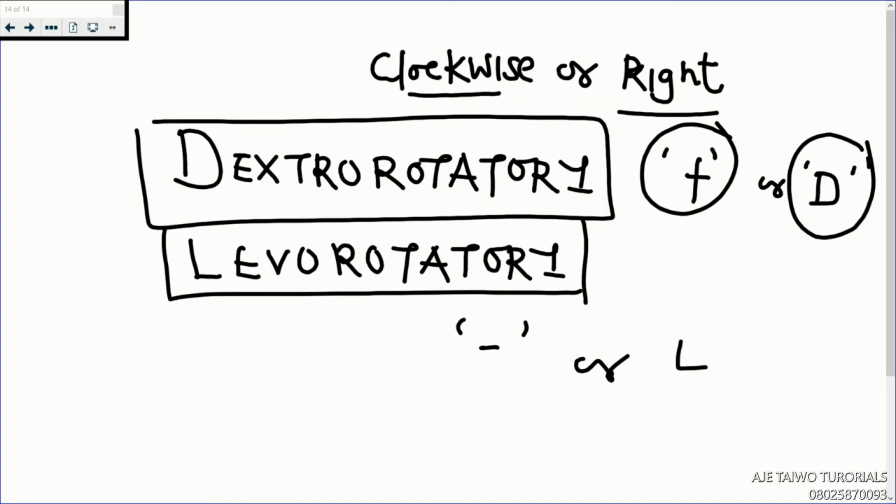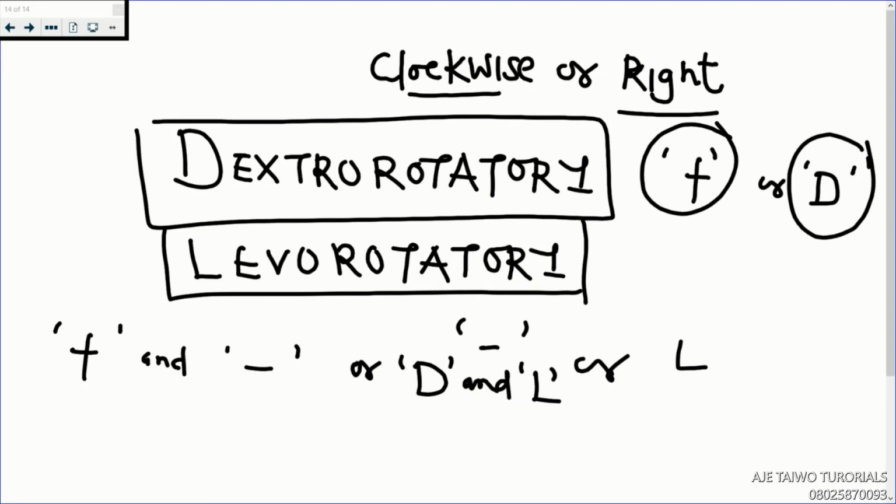Let's write positive and negative, like this. Quote them like this, or D and L. Or D and L symbols indicate the direction in which an optically active molecule rotates the plane of polarization of plane polarized light.